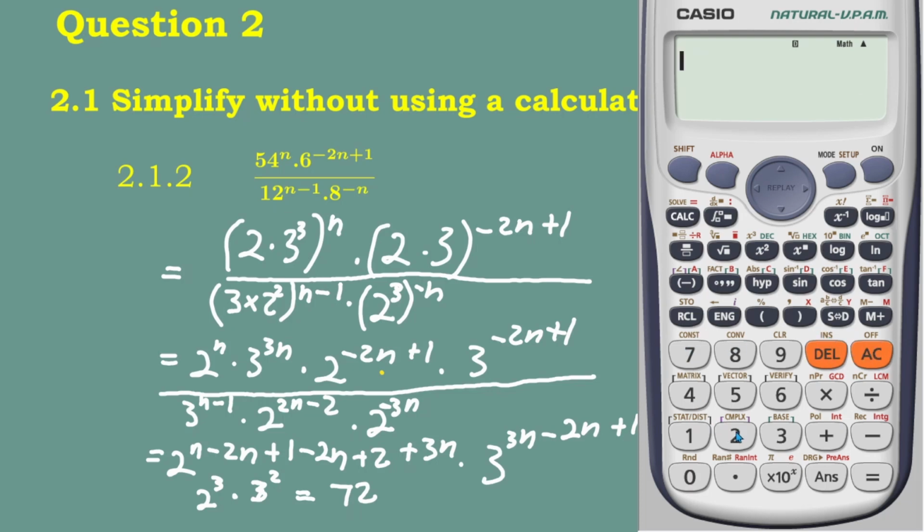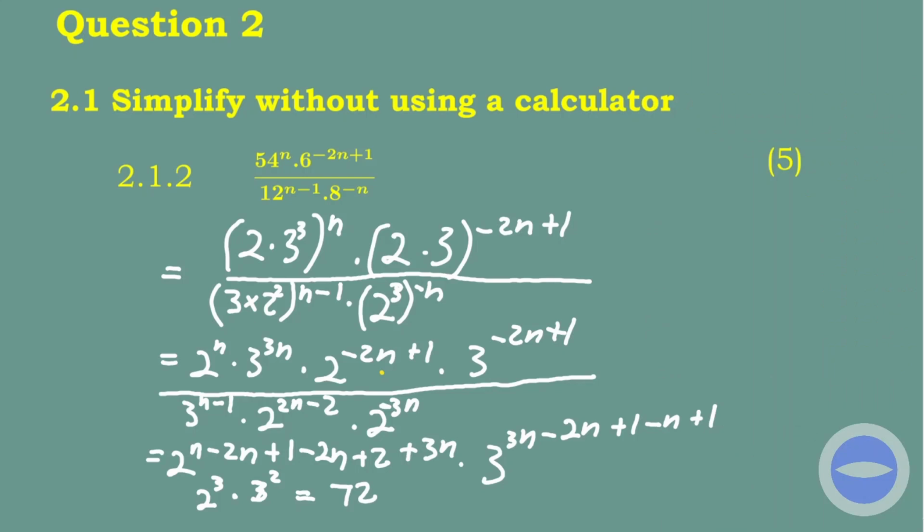Cancel this one. 2 exponent 3 times 3 squared equals 72. So the answer here is 72. So let me go to the next question.